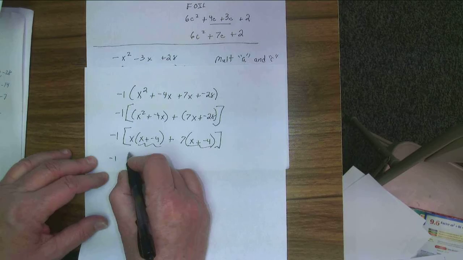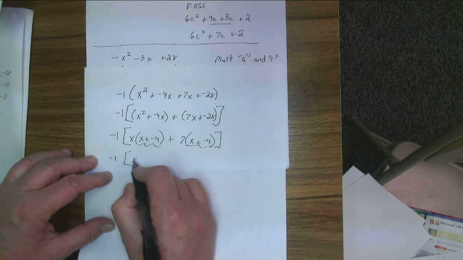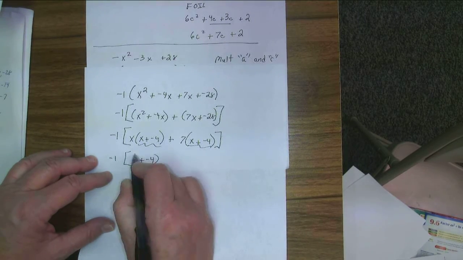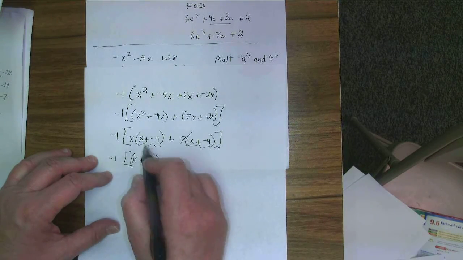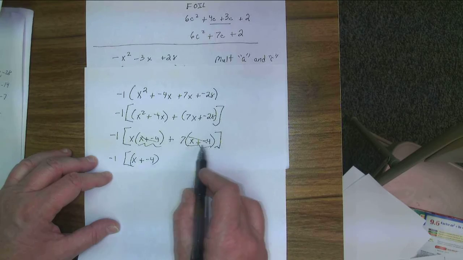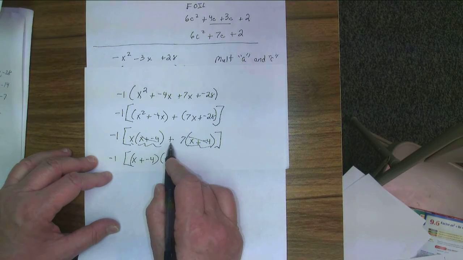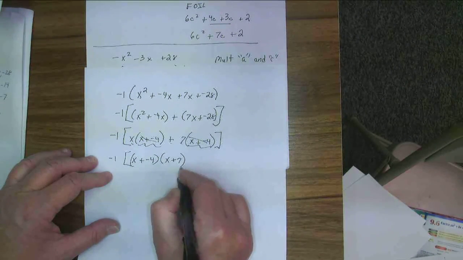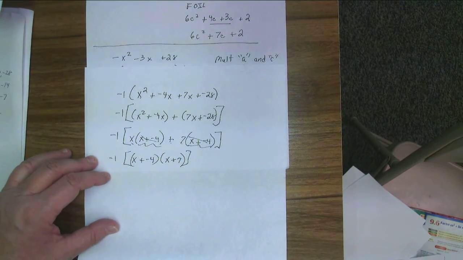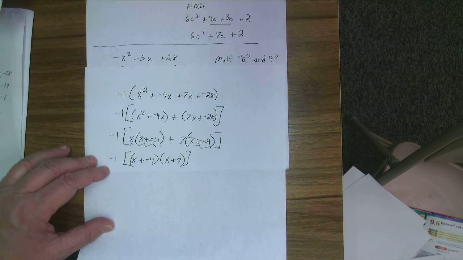So we have negative 1, x plus negative 4, which can be written x minus 4. That comes out of each pair, meaning this and this. What's left is x plus 7. So that's the way your original polynomial factors.